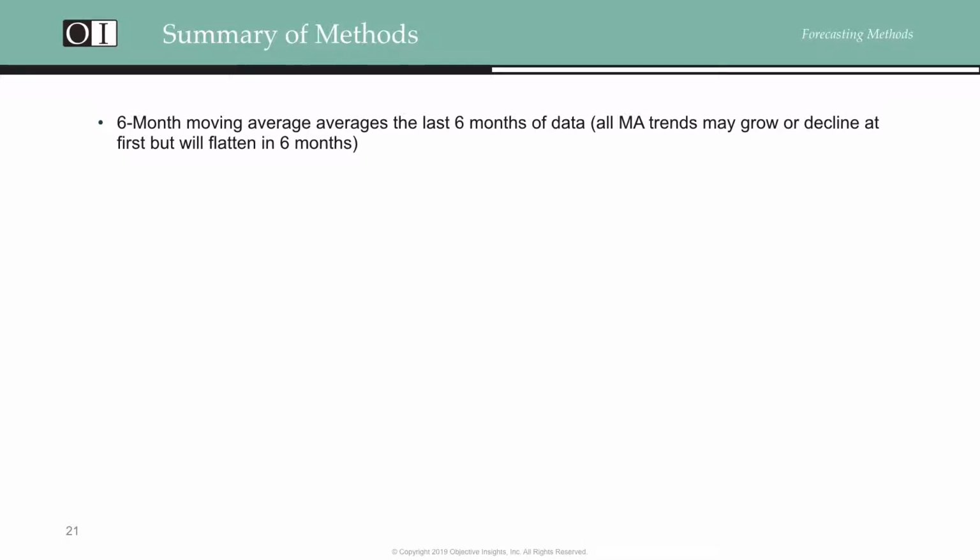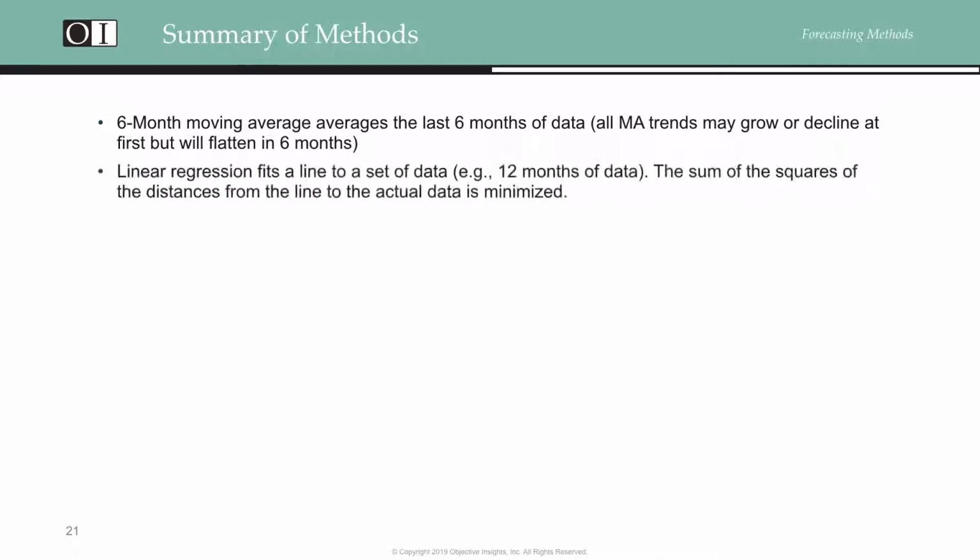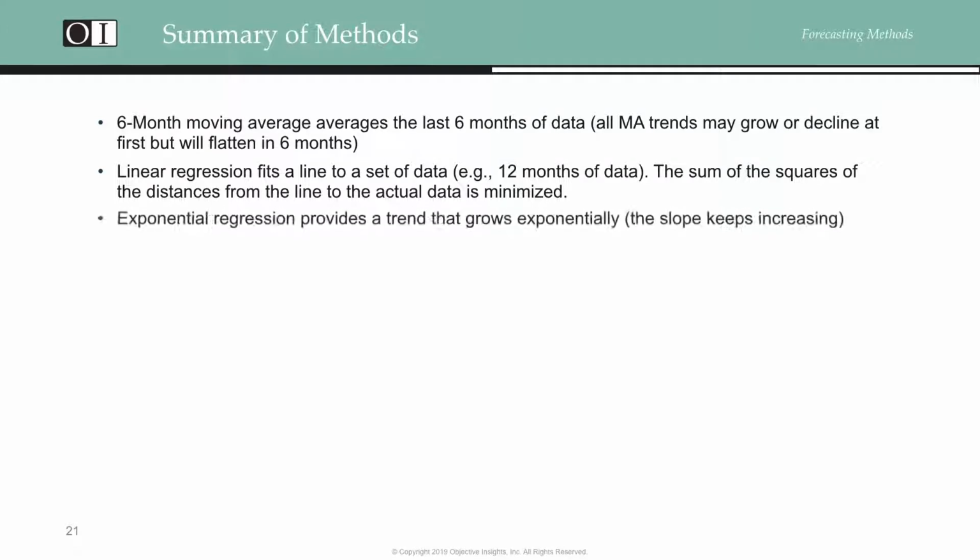Okay, so in summary, we have a number of models we can use. One is moving averages. The other is linear regression, which fits a line to a set of data. But again, we have to pick which historical period to use. Exponential regression, which we didn't specifically talk about, provides a trend that grows exponentially.